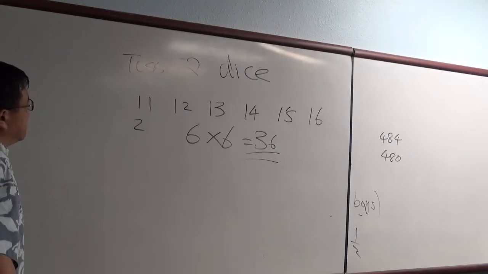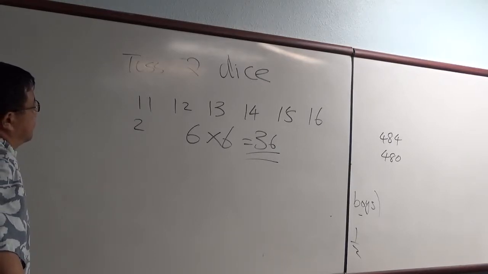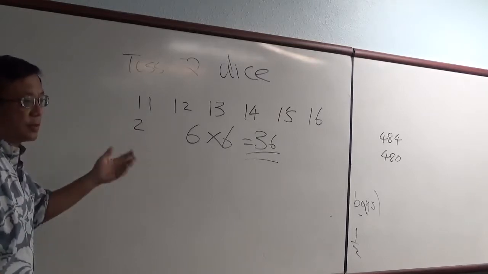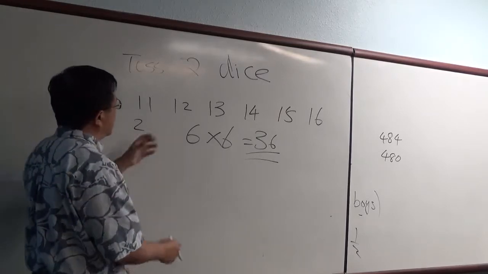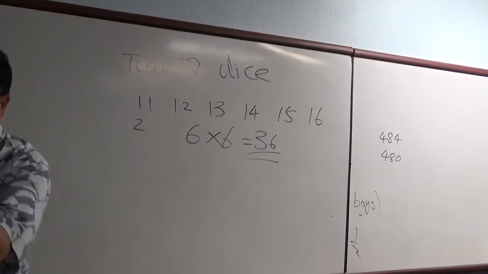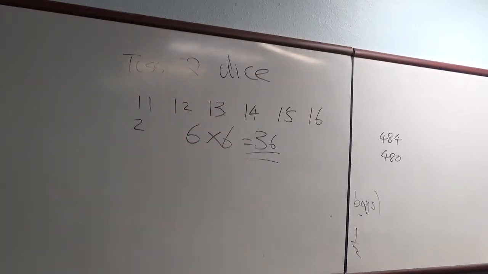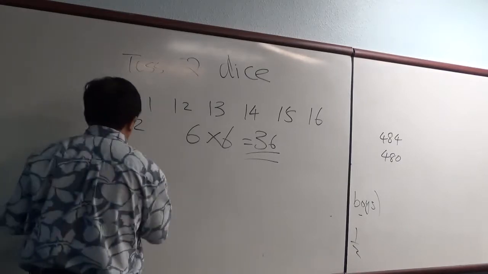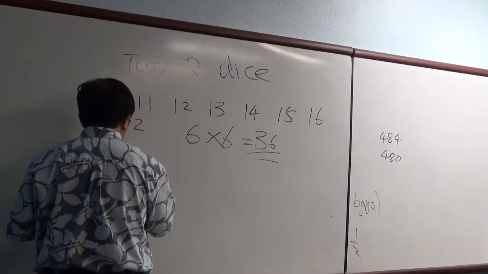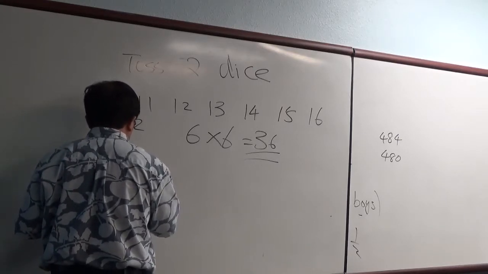And so let's take a look at some events. If you toss 2 dice and add the numbers from both dice together, what's the probability of getting 7?